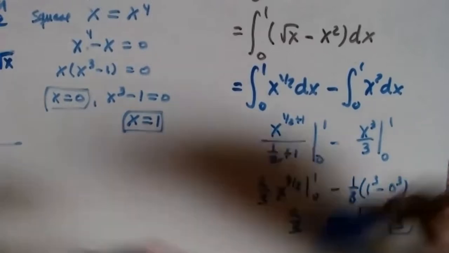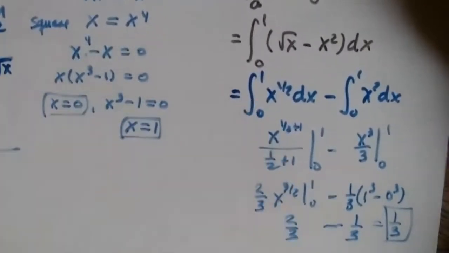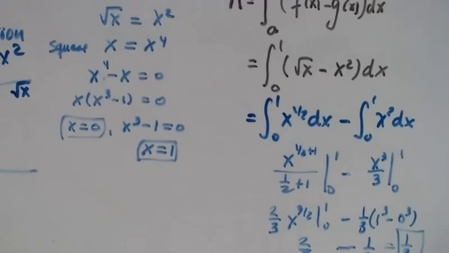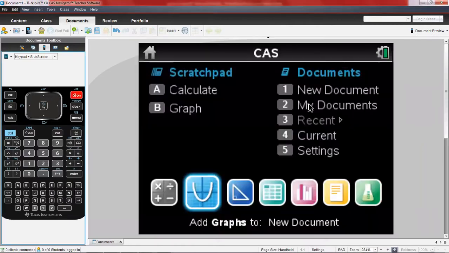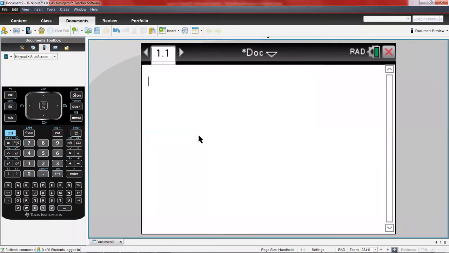Now, I'm trusting really that you know how to do these integrals, because with the calculator, let me just show you, right here. Let me just use a new one right here, new document, save, and you press the calculator.